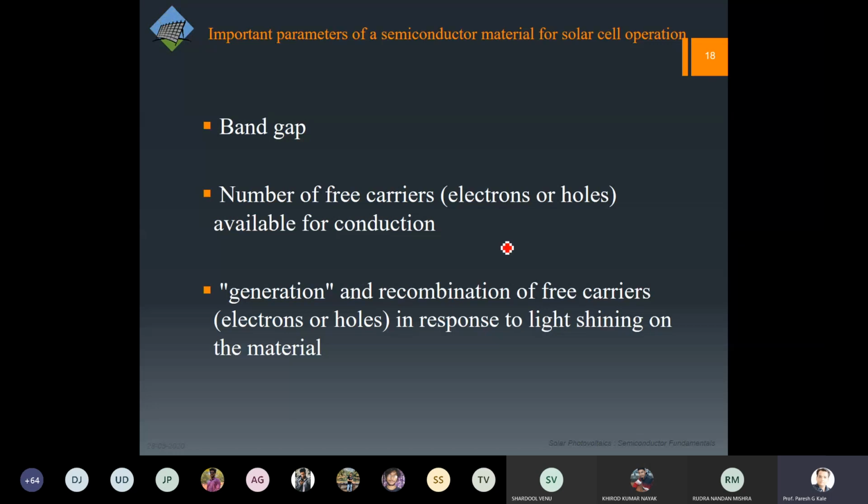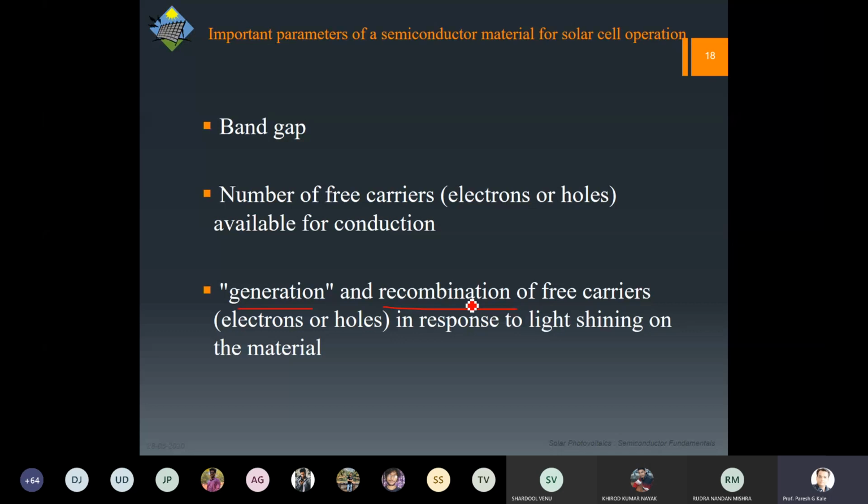So the first process is generation, where we create EHPs, and then there will be recombination, that is combining or annihilation of the electron and holes. And this recombination should not happen before it takes part in the conduction. Otherwise it will be wastage. Whatever we are generating will simply become wastage.